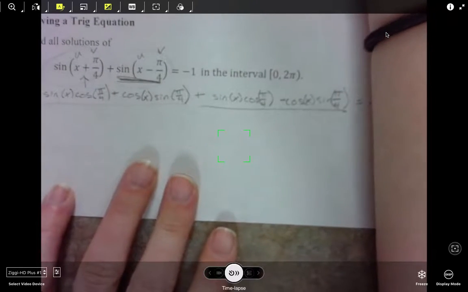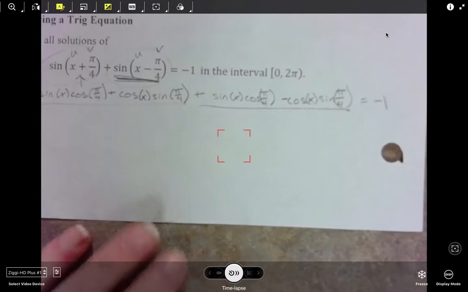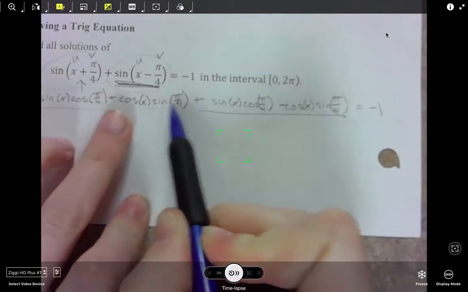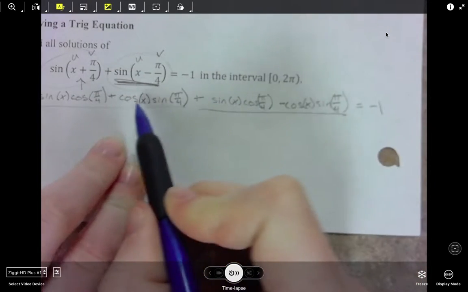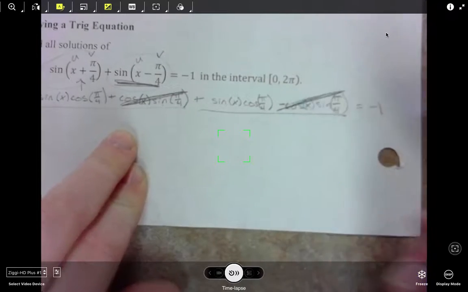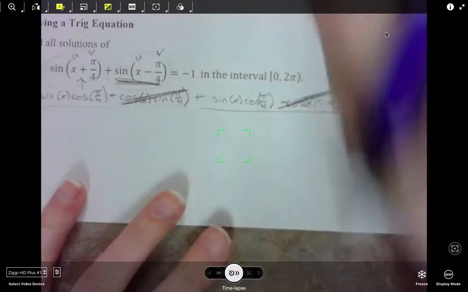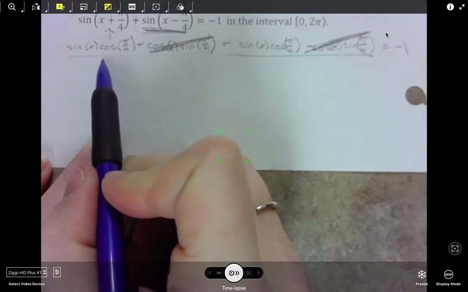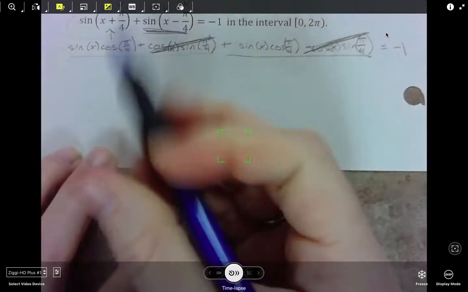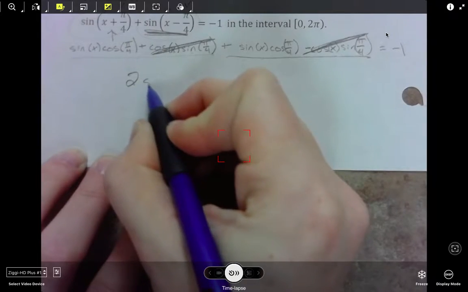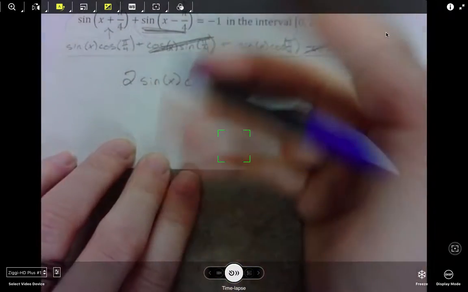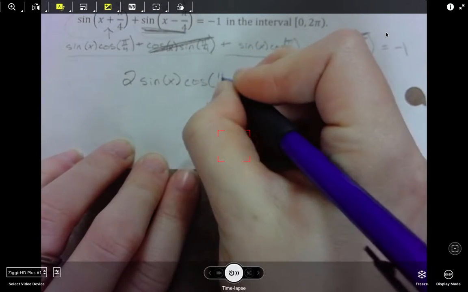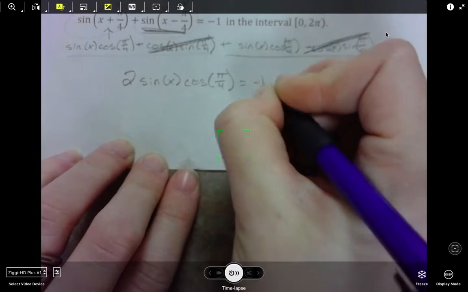Now you can kind of start seeing that some of the stuff cancels out, like cosine x sine of pi over 4. I'm not even going to simplify that because I have minus cosine x sine pi over 4. So this piece cancels with that entire piece. Yay, that's exciting. Then since I have this piece, and they're exactly the same, that makes 2 of those pieces. So 2 sine of x cosine of pi over 4 is equal to -1.